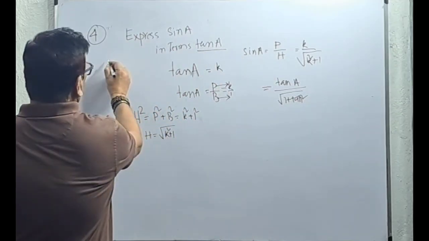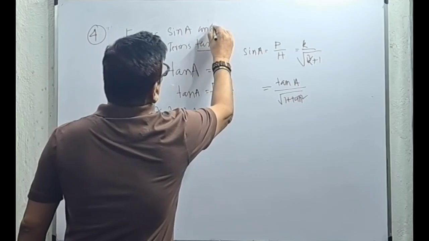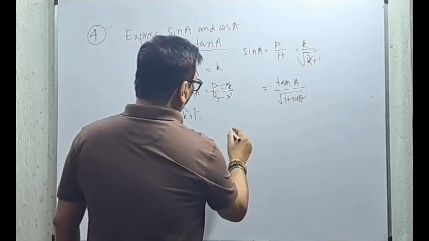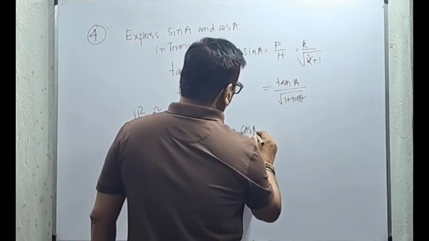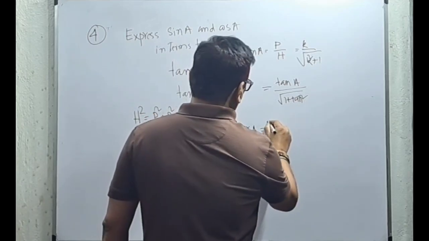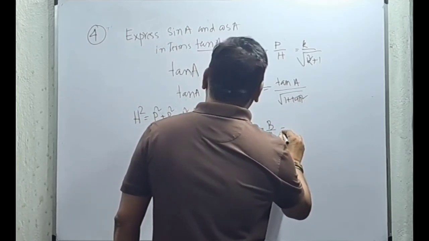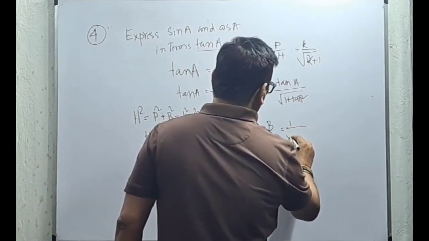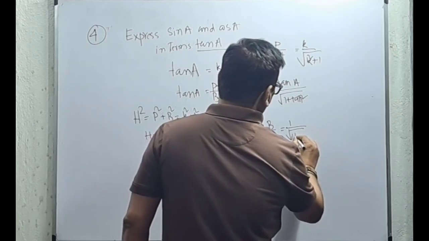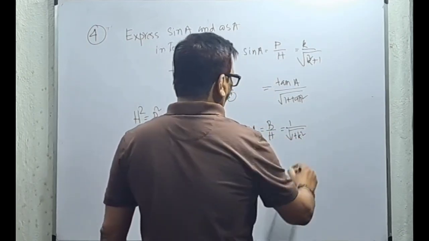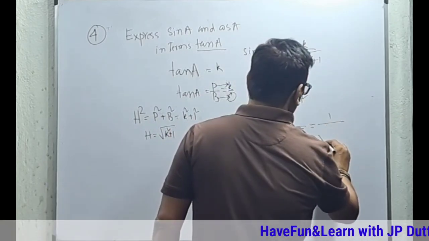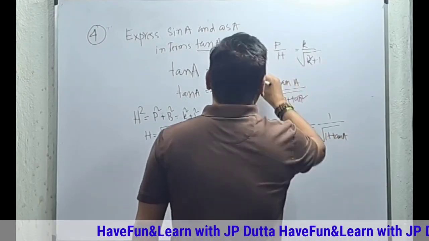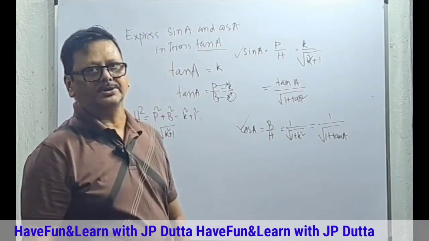And cos A, right? Now if you talk about cos A, it is base by hypotenuse, right? Base we have found out here as 1. So 1 by root over 1 plus K square, right? So that we can write as 1 by root over 1 plus tan square A. So this, I hope, solves the confusion.